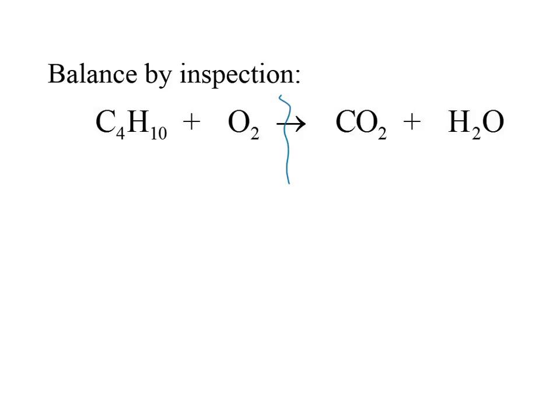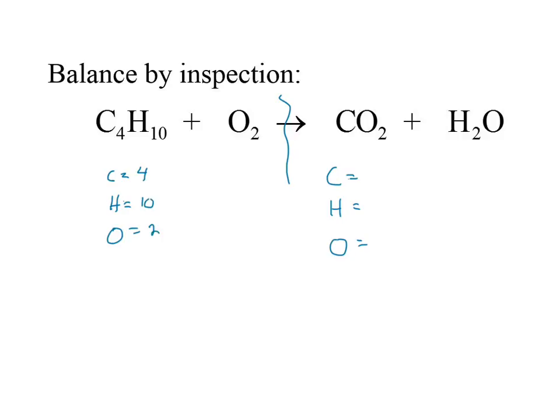Start our tally. Carbons, hydrogens, oxygens on both sides. Now I'm really into showing your work, but you don't have to show your work like this if you don't want to, but you sure can. Okay? So starting out with coefficients of 1 across the board, I got 4 carbons, 10 hydrogens, 2 oxygens on the reactant side.